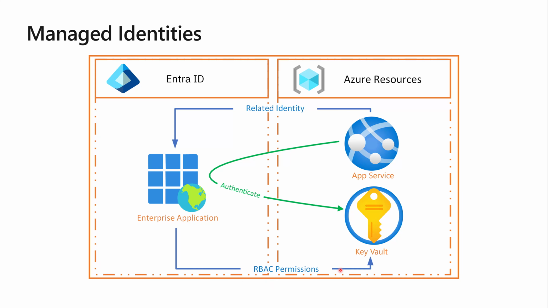This is exactly what I did. I created the managed identity and authorized it to read secrets from the key vault. So now my app can just go there and authenticate itself. That's a very simplistic approach, but that's actually what happens.